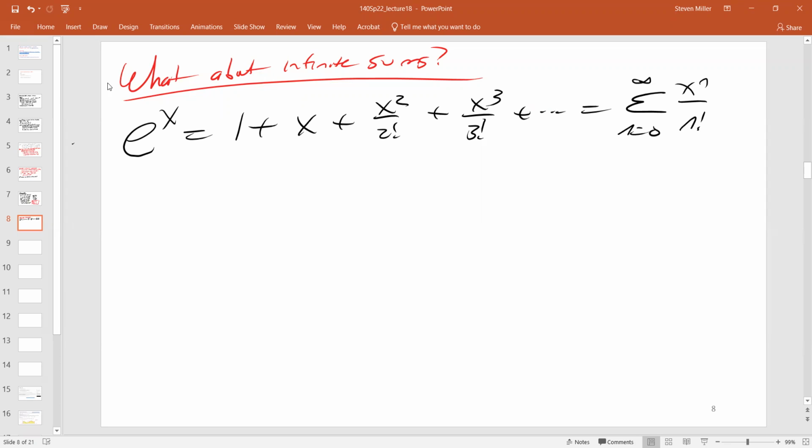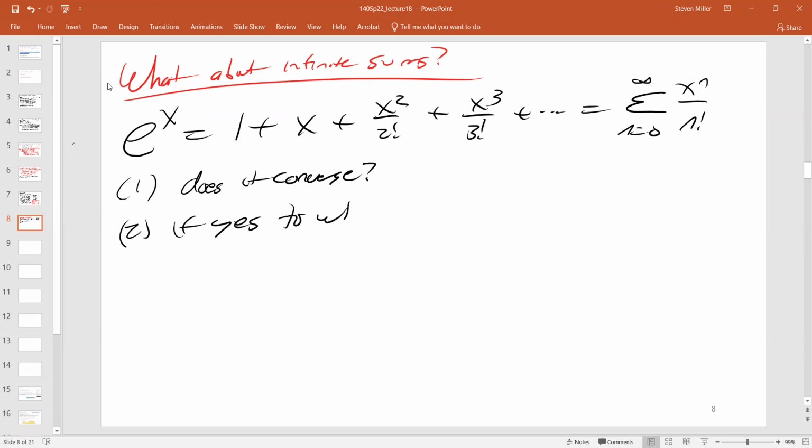So you might ask, how quickly does it converge? How long is it going to take me to get to within a certain tolerance? How rapid is the convergence? So the questions are, does it converge? If yes, to what? And then the next is how fast? So these are the questions we want to answer.